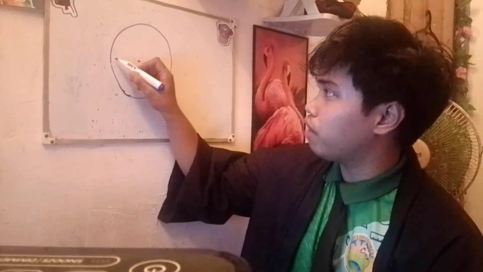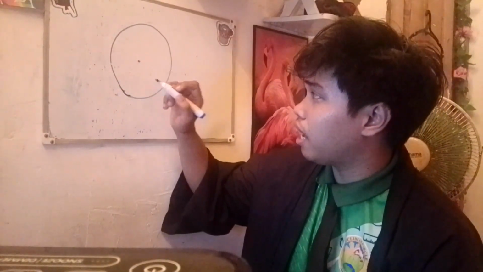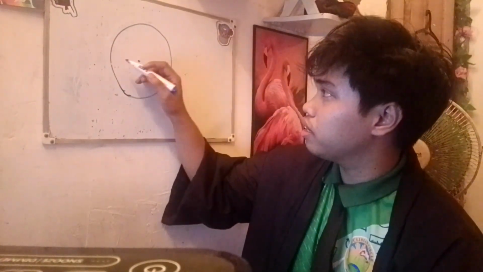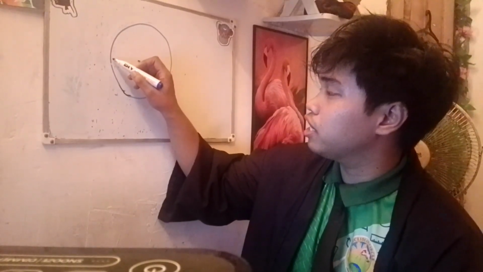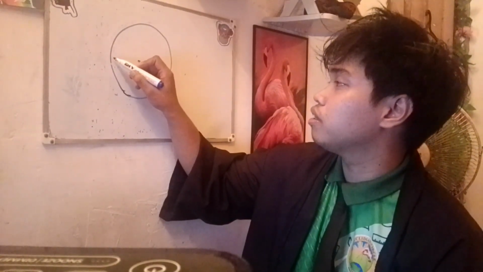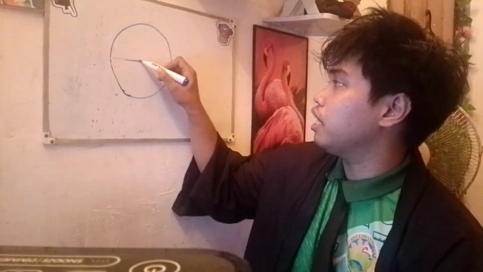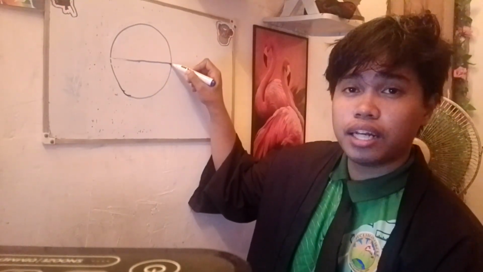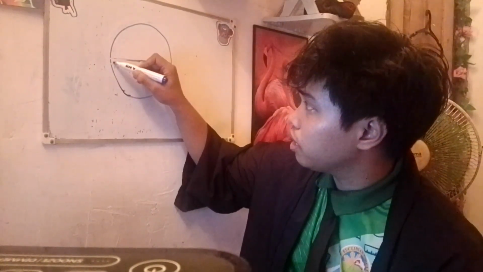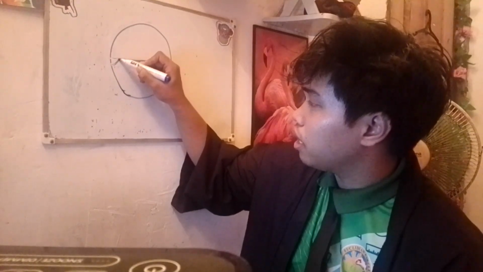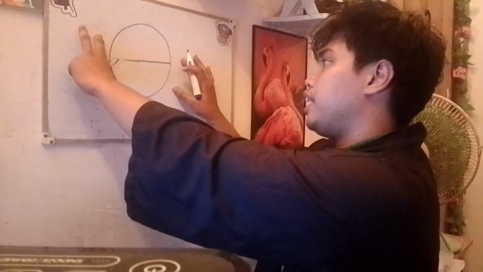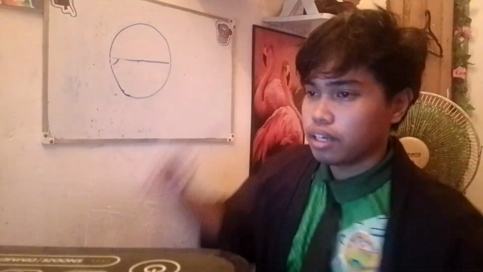So we are going to make an orthogonal arc which will form a 90 degree right angle at the boundary, because it creates this 90 degree angle right here, right?